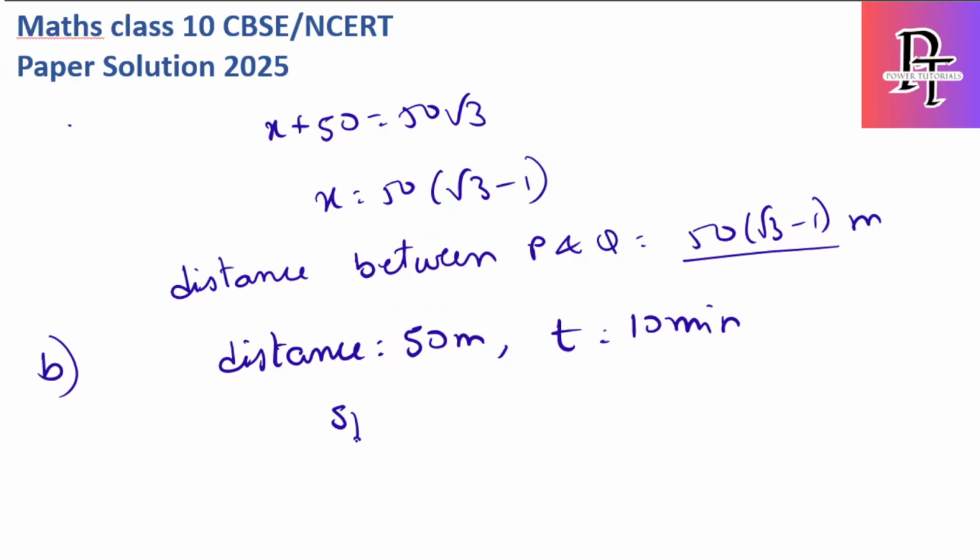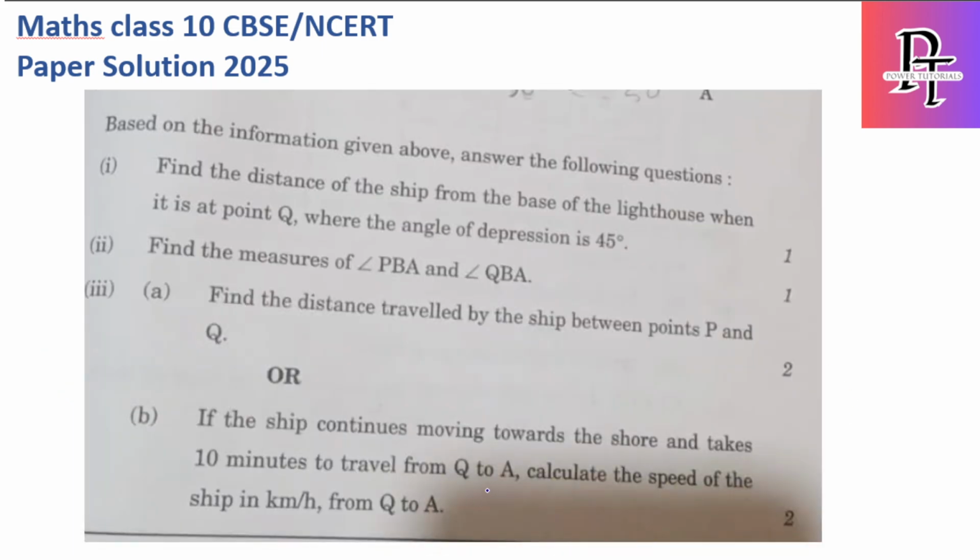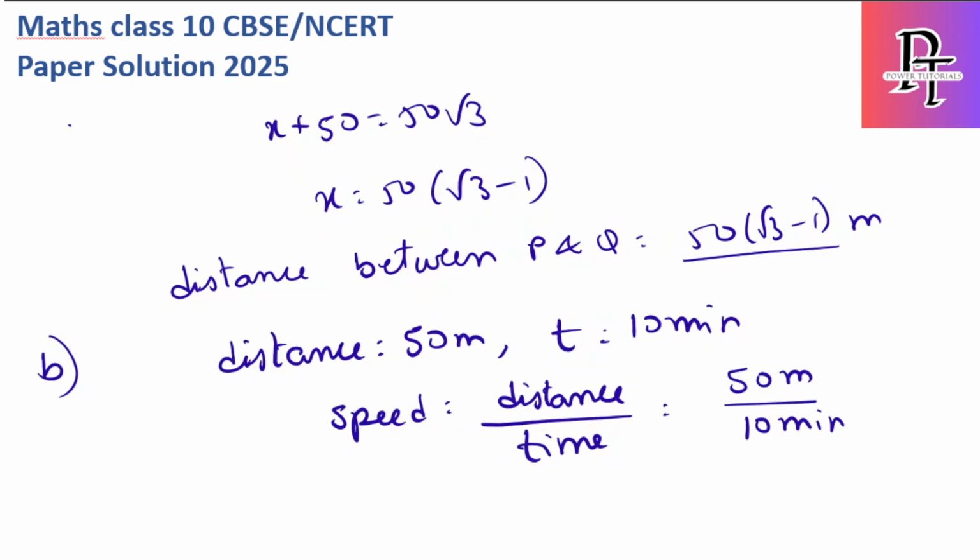So the speed formula is speed is equal to distance by time. So distance is 50 meters by 10 minutes. Here the units are very important because in the question they clearly mentioned what units they want. It should be in kilometers per hour. So let's convert meters into kilometers and minutes into hours.